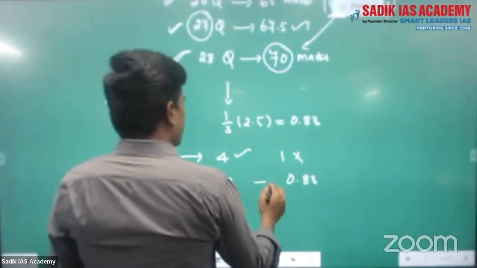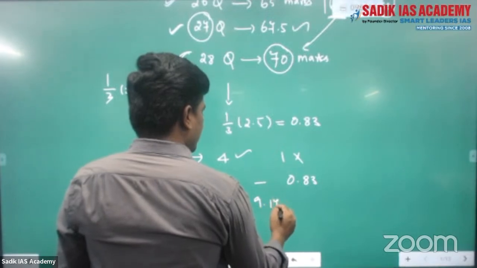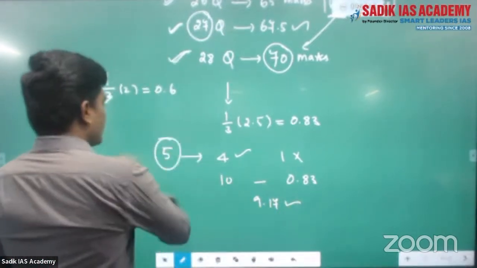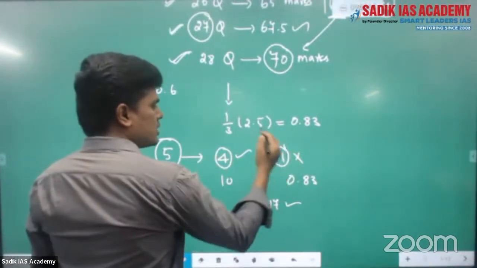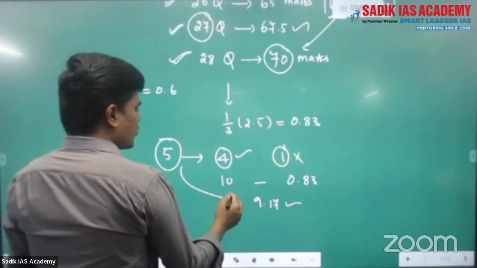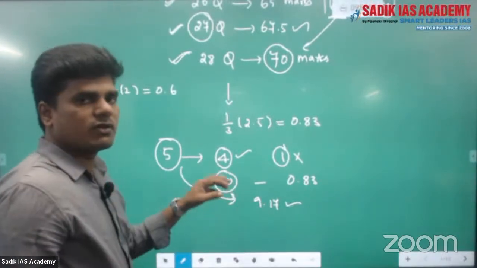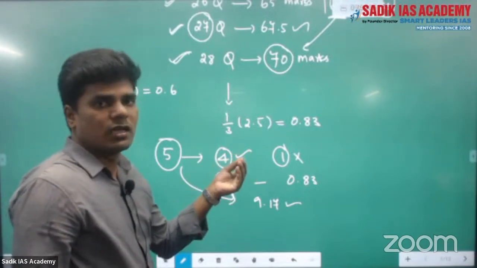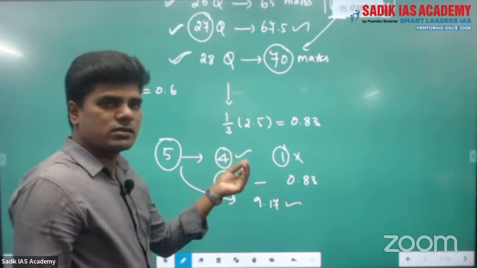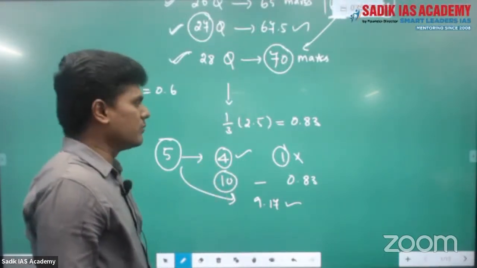So 10 minus 0.83 is 9.17 marks. So out of 5 questions, 4 correct and 1 wrong, the net mark you have scored is not 10 marks, it is 9.17 marks. Like that, they will reduce the marks for each incorrect answer. For the correct answer, they will give 2.5 marks.